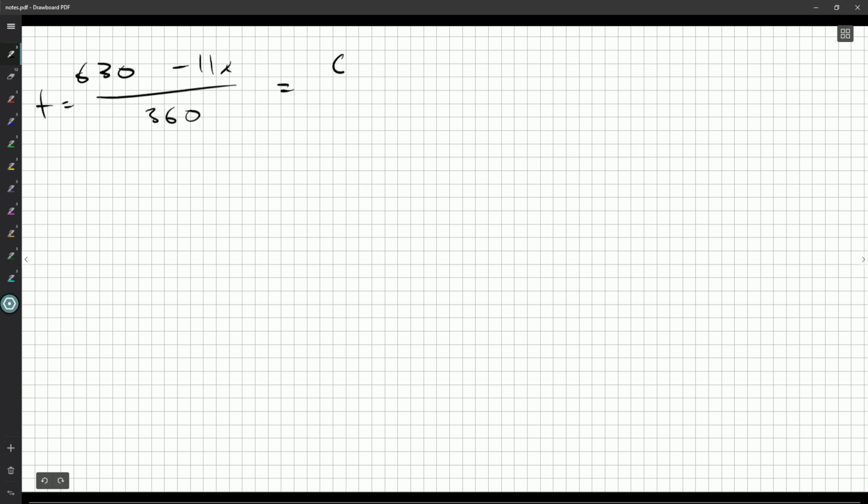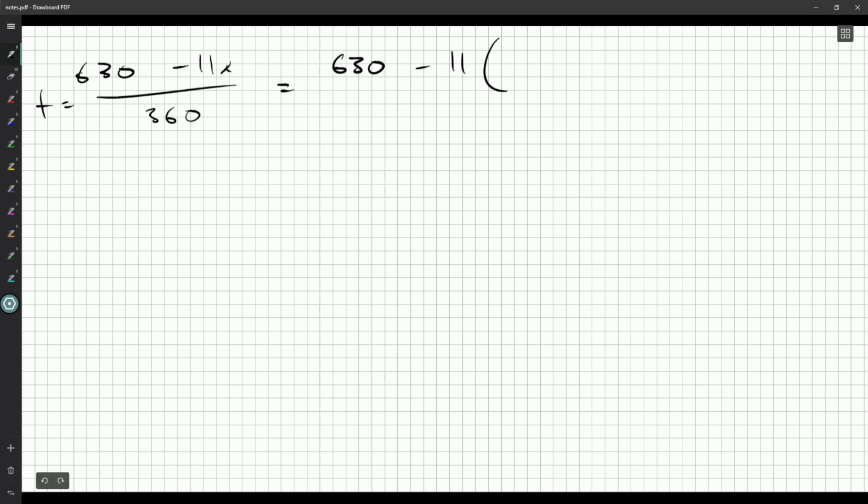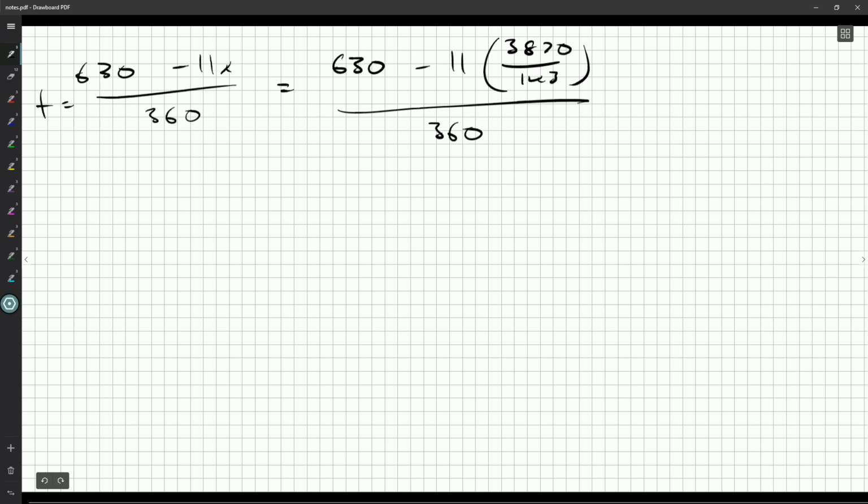But we did work out what x is. It was that really big number, 3870 over 143. There, at least some 11 here and 11 down here will cancel out with a 13.